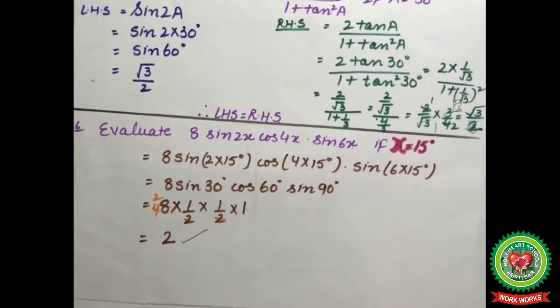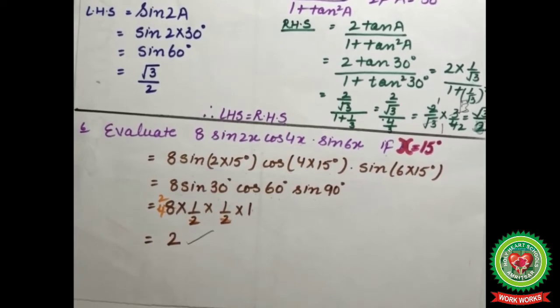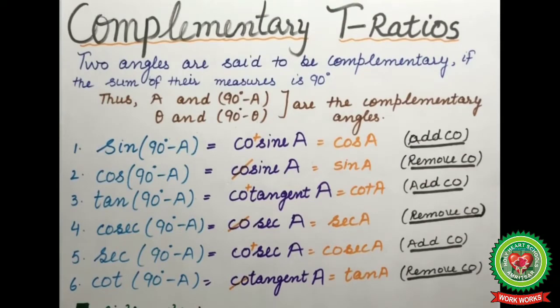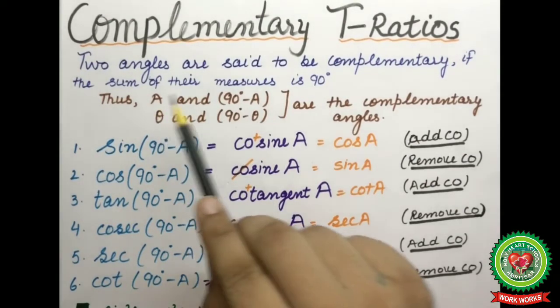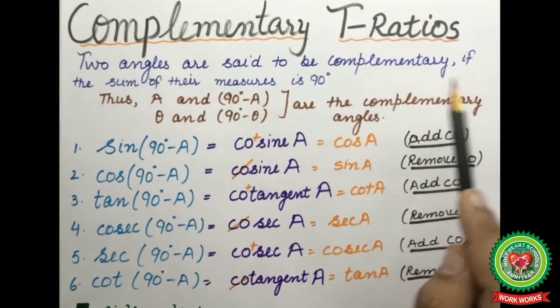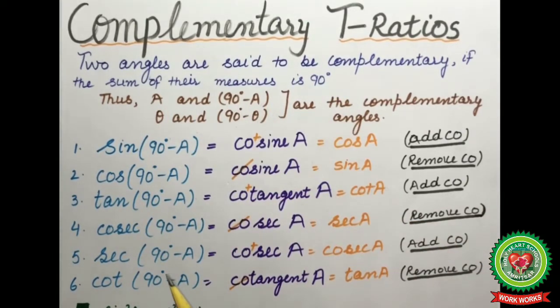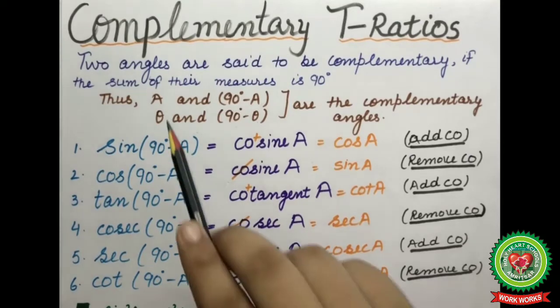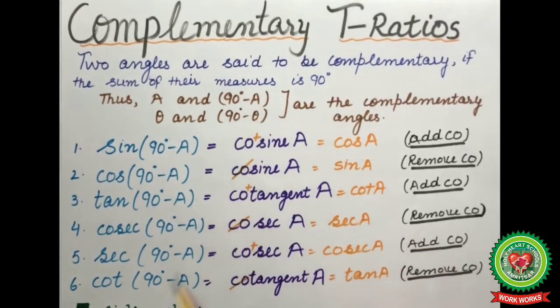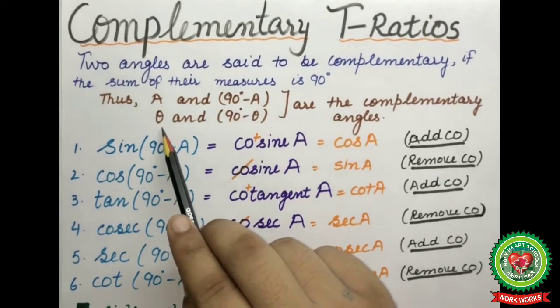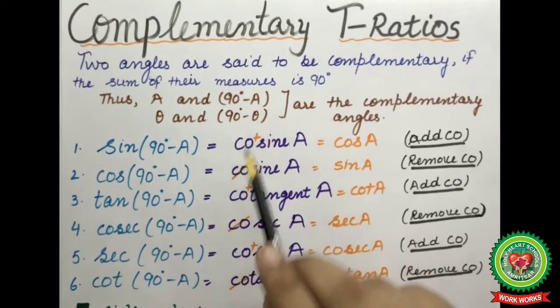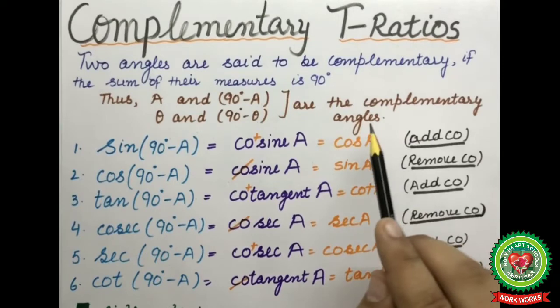Now students, we are going to discuss the concept of complementary T ratios. Two angles are said to be complementary if the sum of their measures is 90 degree. For example, 20 degree and 70 degree, 30 degree and 60 degree. So thus A and 90 degree minus A and theta and 90 degree minus theta are the complementary angles.